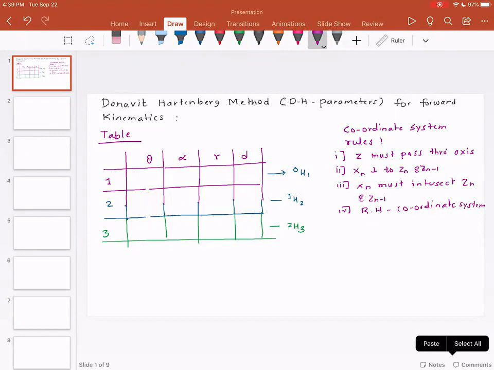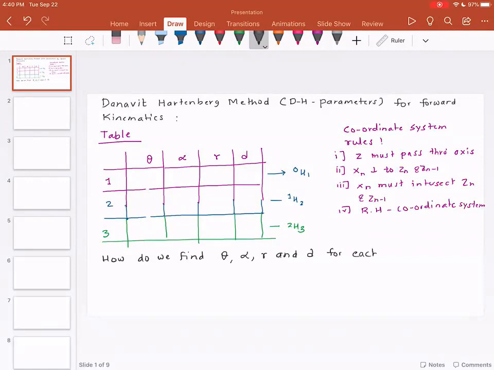Now the idea is we will follow the same rules, but there are additional rules on how we find theta, alpha, r, and d. So the question is, how do we find theta, alpha, r, and d for each joint?